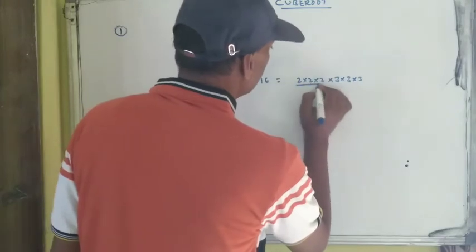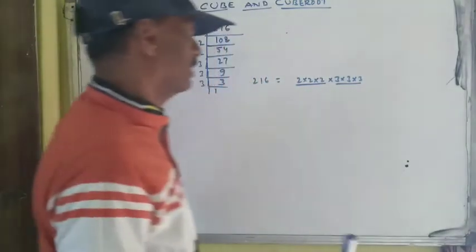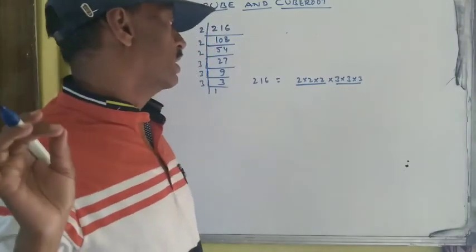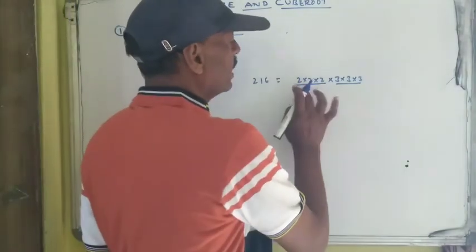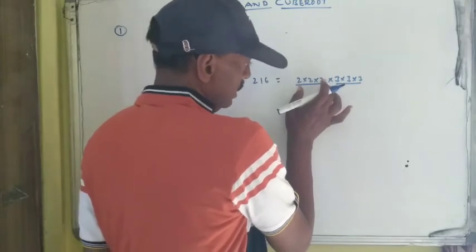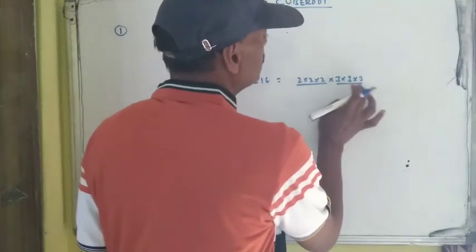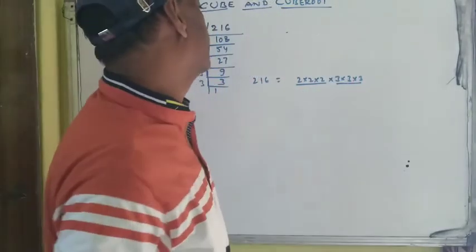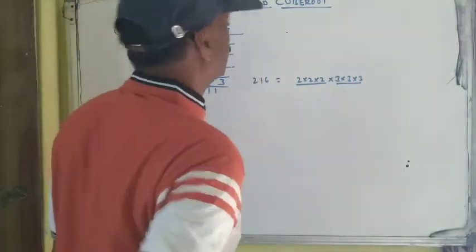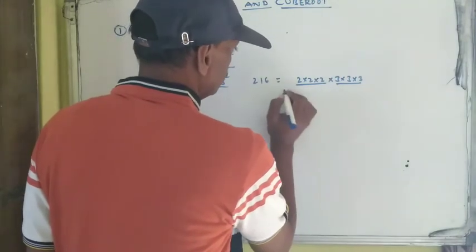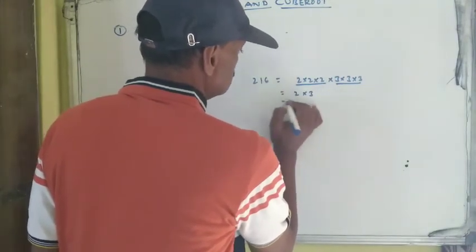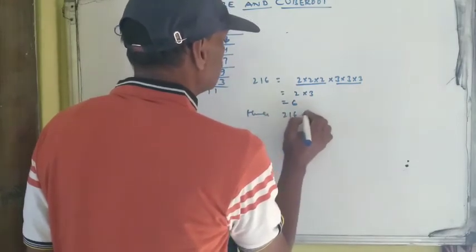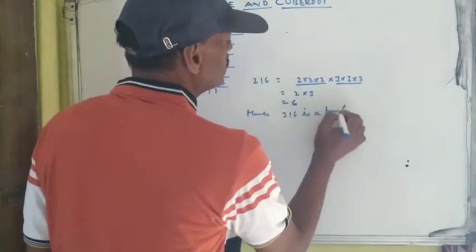Now we have to make groups of 3, 3 numbers at a time. So we are getting a group of three 2's and a group of three 3's. If we get complete groups, then the number is a perfect cube. Hence, 216 is a perfect cube.